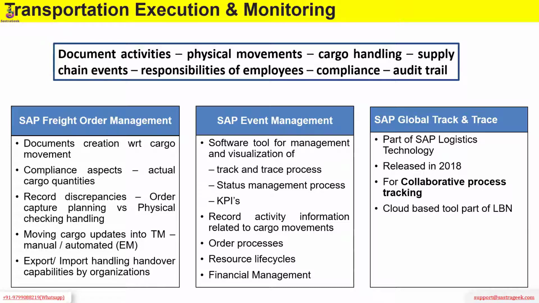Those are the trigger points for any person to report the status of tracking. And then the entire cargo handling, and the supply chain events from end to end, what are the things which can be tracked.